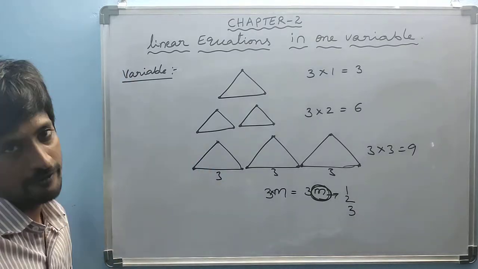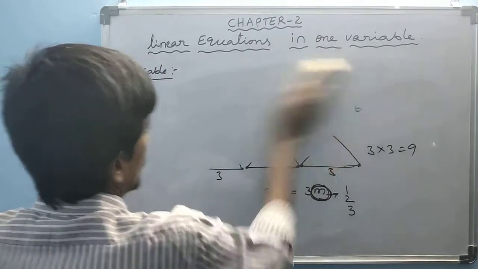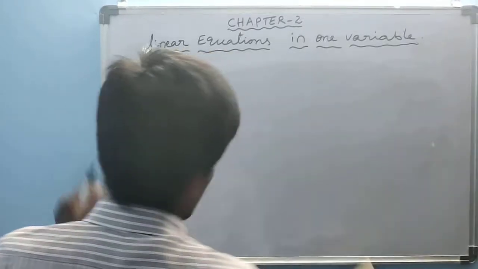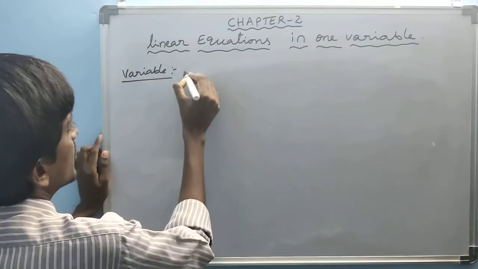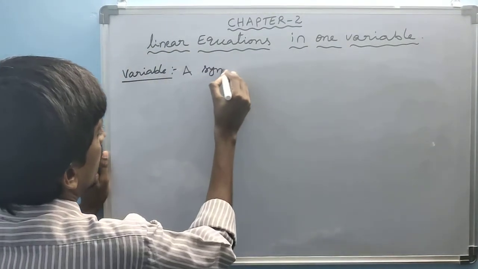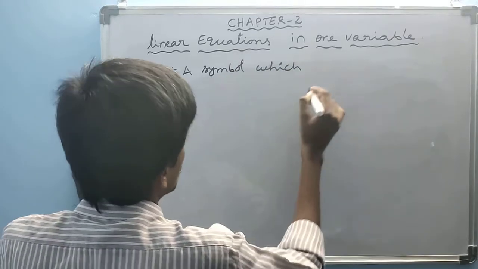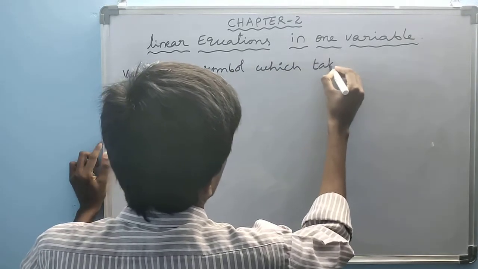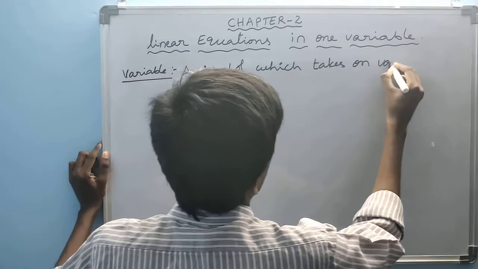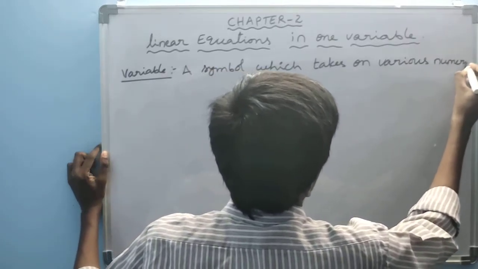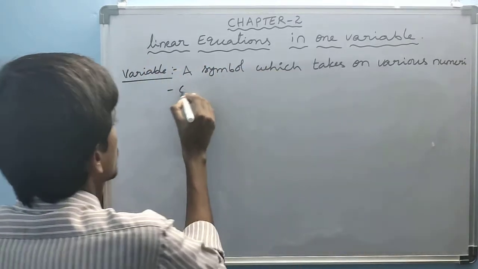What is the definition of variable? A symbol or letter which takes on various numerical values.